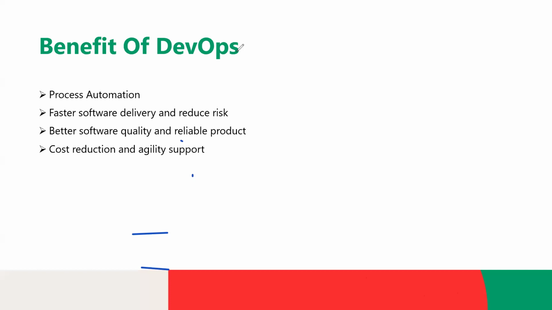And what task are we doing here? We are automating the process. This is the first benefit of DevOps, to automate the process. Once you automate the process, there will be very little chance of human mistake. Second, you cannot blame each other.